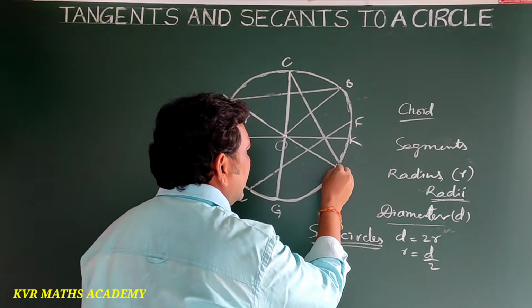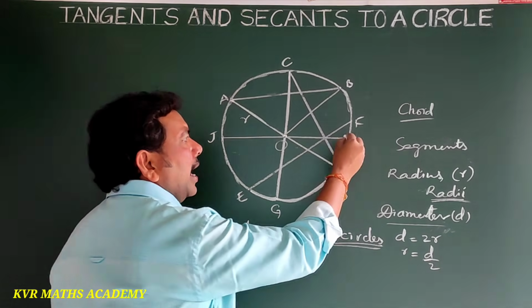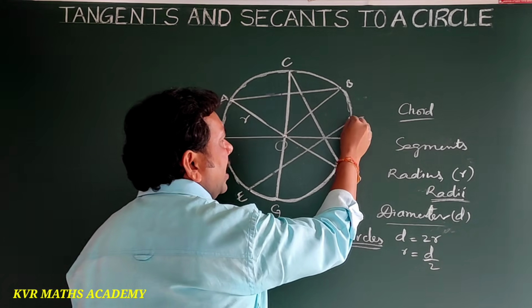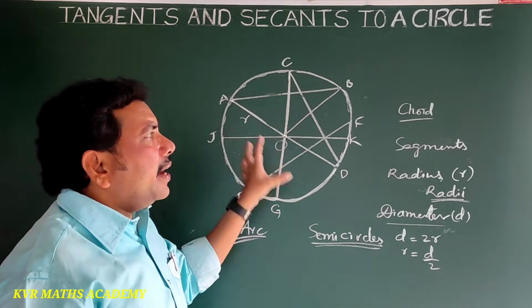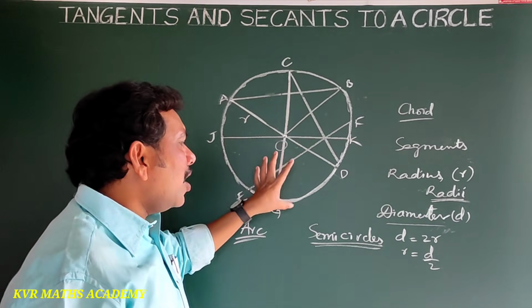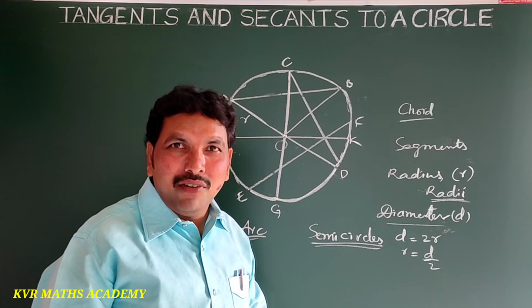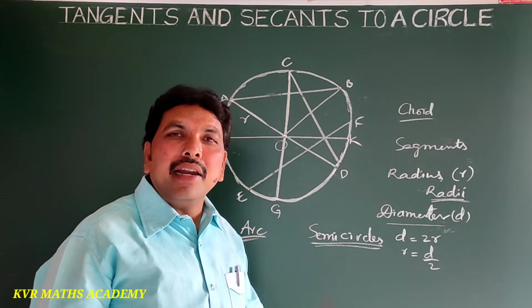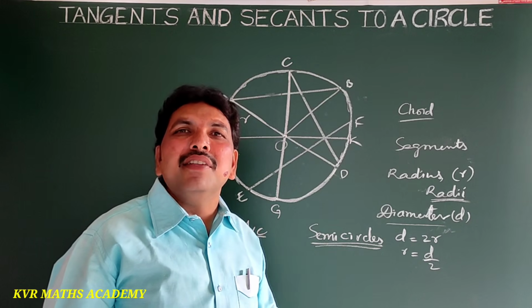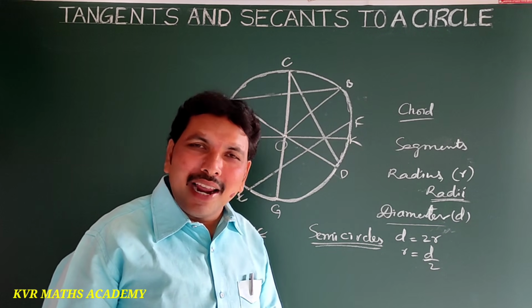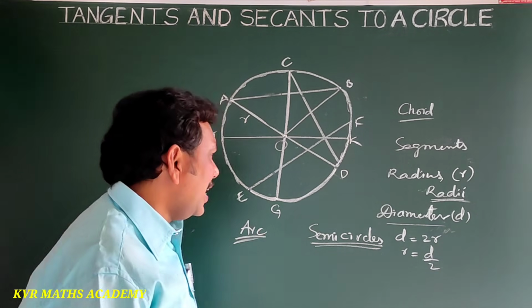Next, GD is another arc. Like that, KD. Next, KF. These are all parts of the perimeter of the circle, so these are all called arcs. Right.